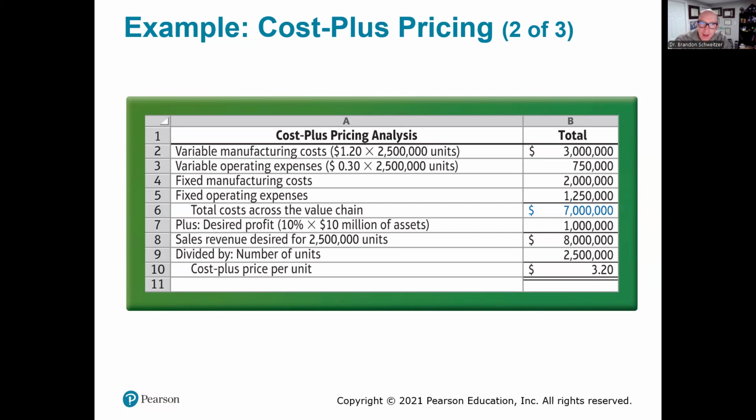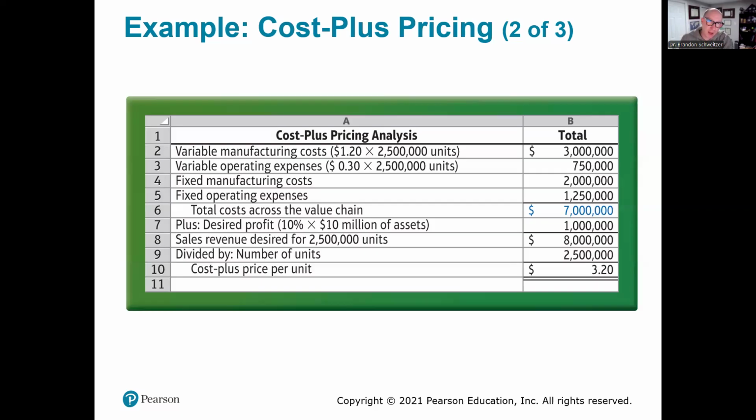We then add in our desired profit. So if desired profit is 10%, we multiply that by our total assets to get $1 million in this case, which means that adding our cost plus our desired profit gives us a desired sales revenue of $8 million. We divide that by the number of units we expect to sell, giving a cost plus price of $3.20 per unit.